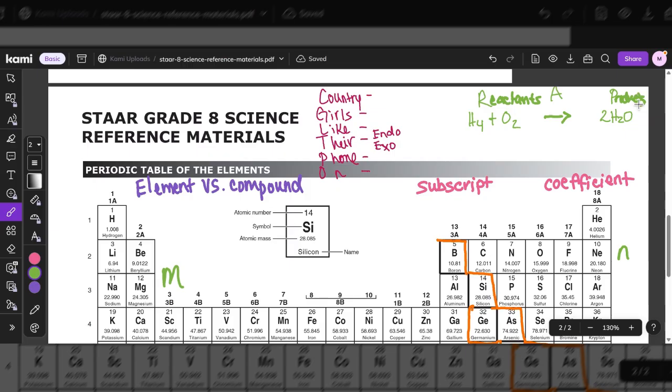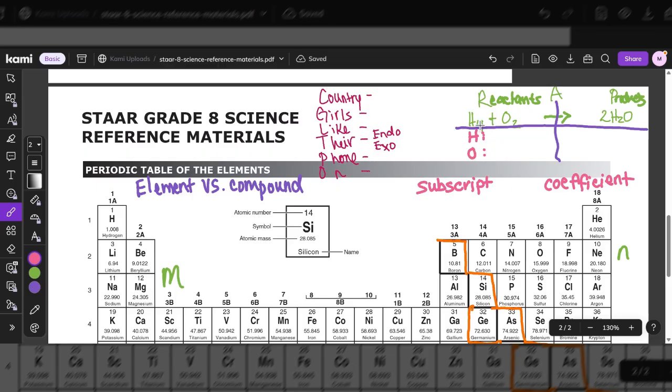So we have this chemical formula: H4 plus O2 yields 2H2. If we want this to follow the law of conservation of mass, it means that you need to have the same amount of atoms per element on both sides. So here we have two elements, one being hydrogen, the other being oxygen.